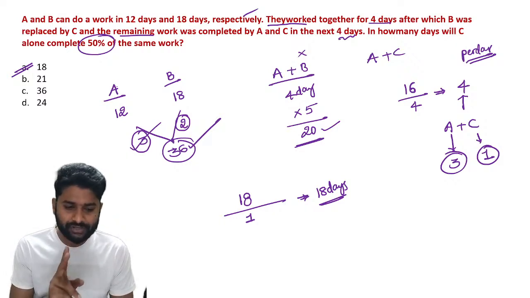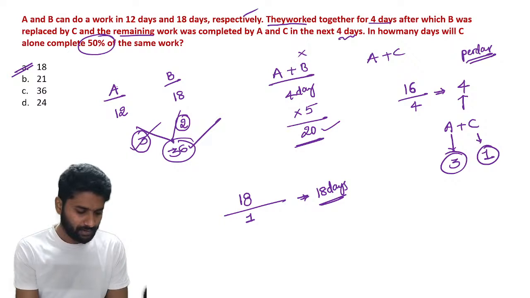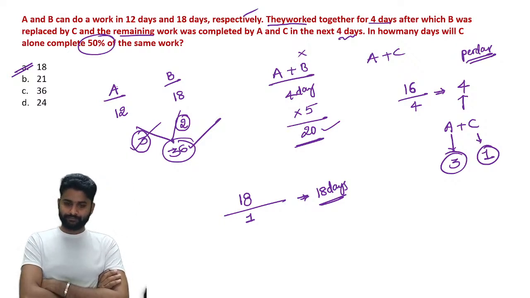So you have to focus on two parameters. One is total work, second one is efficiency. So is it clear, guys?